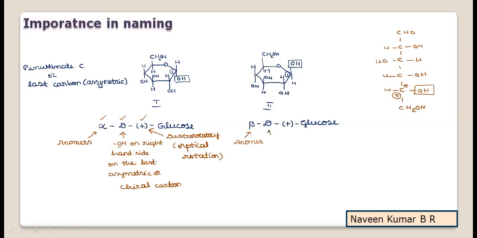So plus for optical rotation, and D for the position of the hydroxyl group on the last chiral or asymmetric carbon. This is one very important piece of information to observe when you look at the names of monosaccharides.